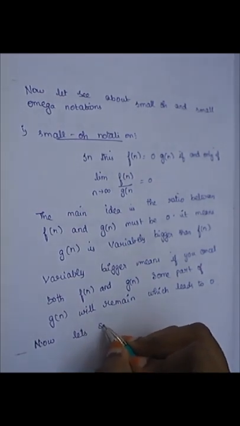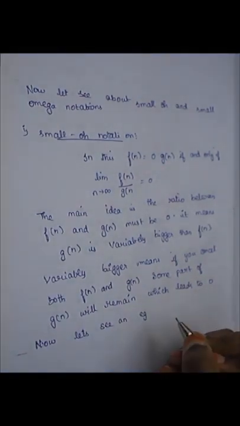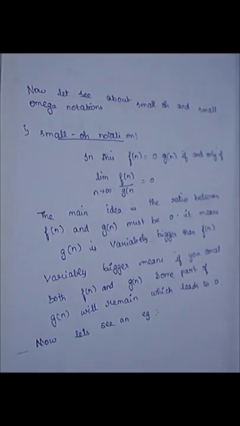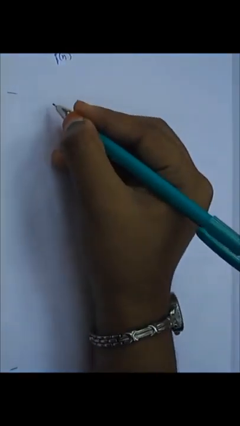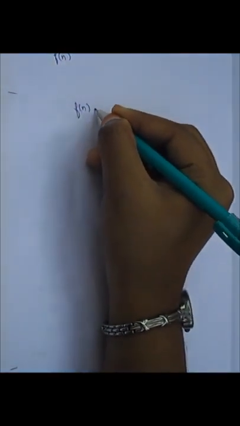Now let's see an example. f of n equal to n and g of n equal to n square.